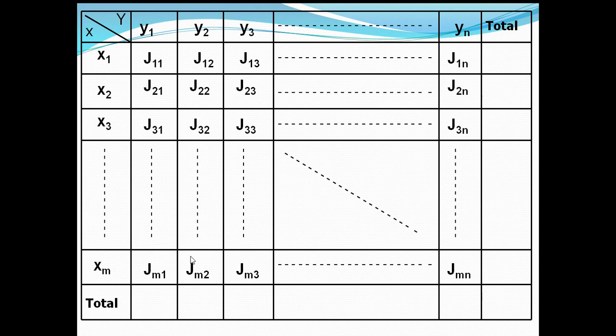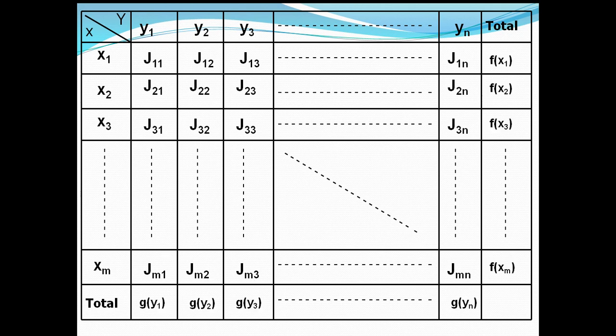Now, for the second row, this is a matrix representation itself: j21, j22, j23, and so on, j2n. And for the third row, j31, j32, j33, and so on, j3n. Continuing so on, we get the mth row, that is jm1, jm2, jm3, and so on, jmn.